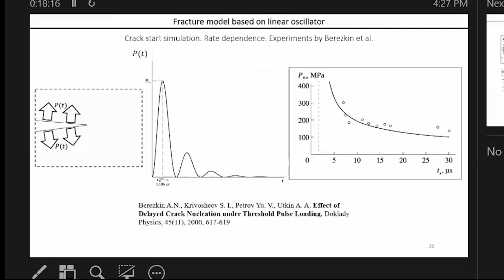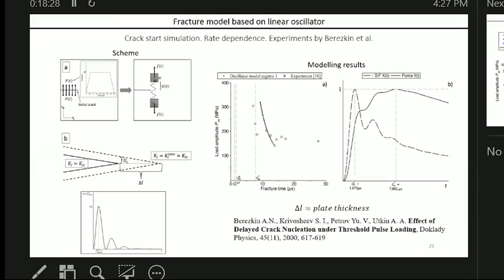For another set of experiments, we managed to simulate the effect of the fracture delay in the crack initiation problem. So again, we use the same scheme. We cut some volumes, which we treat as masses, in the vicinity of the crack. We link them with a spring, and we managed to simulate some experimental points.